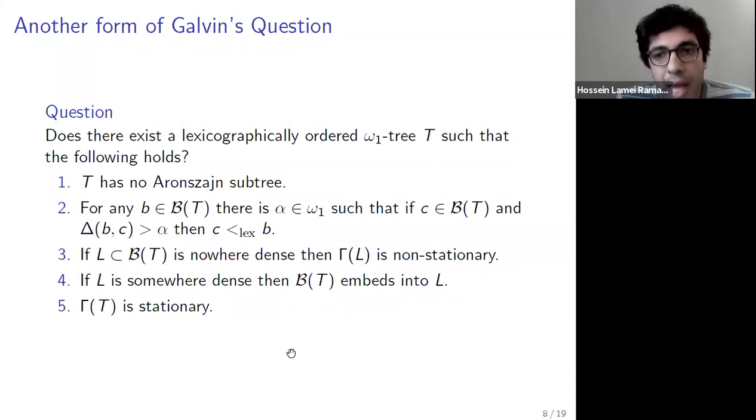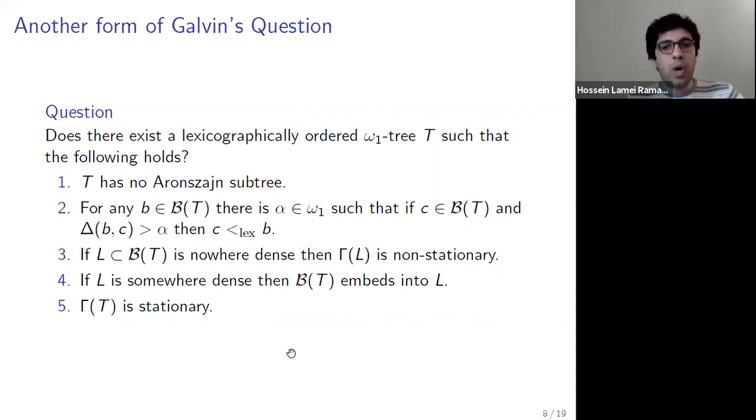Because when gamma L is non-stationary, L is going to be sigma scattered, and because it does not have a copy of omega 1 star, L is going to be sigma well ordered. If L is somewhere dense, then the set of all branches embeds into L as a linear order, of course, just consider with the lex order. So in this case, BT, the set of the branches, is going to be minimal among the somewhere dense linear orders.